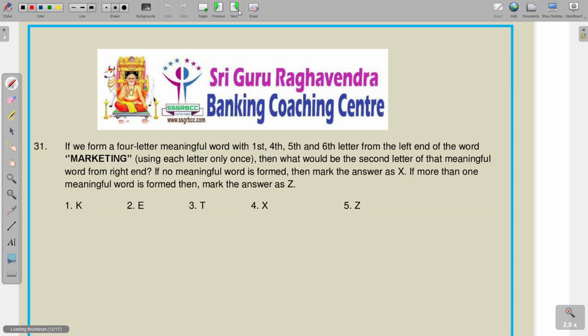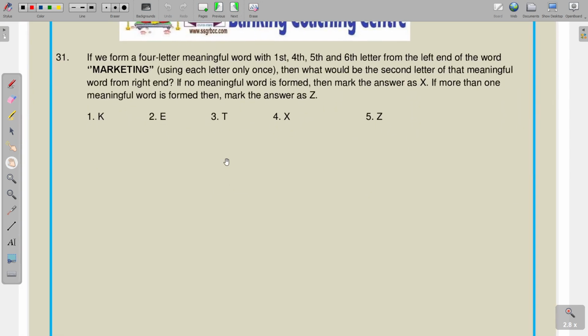Next, question number 31. If we form a 4-letter meaningful word using the first, 4th, 5th, 6th letters from the left end of the word, that is marketing. From marketing, the first letter is M, the 4th letter is K, the 5th is E, and the 6th is T. So letters are M, K, E and T. By using these letters, how many meaningful words can be formed?